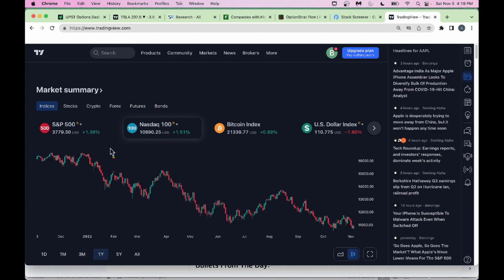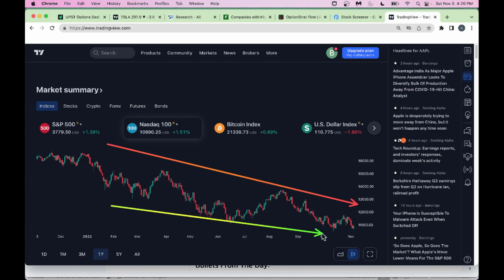Look, the trend is negative. You got to play with the trend here. When the trend is negative, basically look at the short type strategies here. For example, you could sell a bear call spread as an example, or you can really buy some put options or a put spread. That's the way to go here.